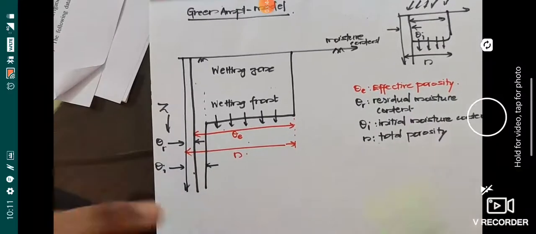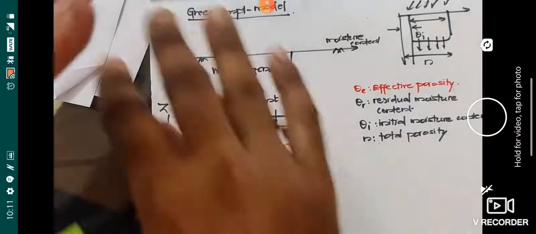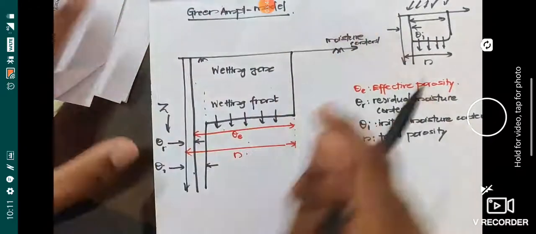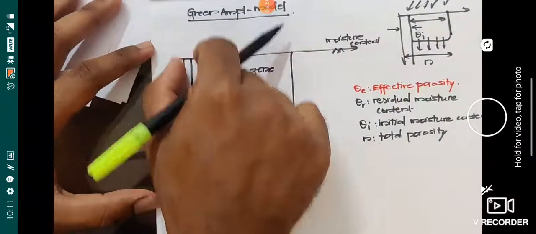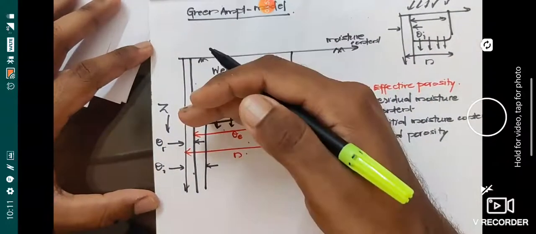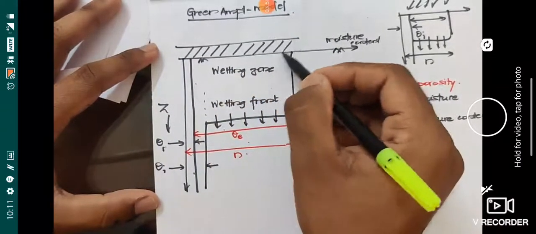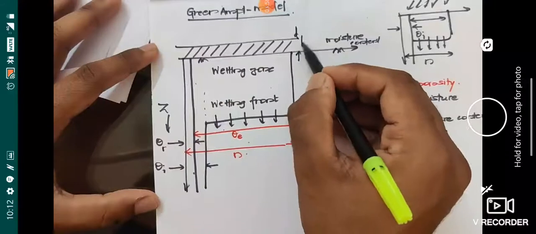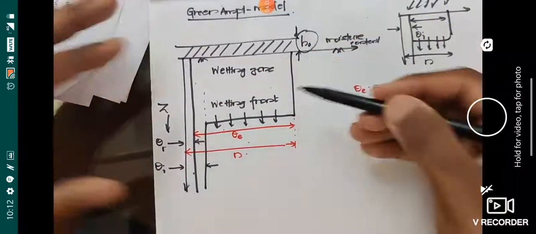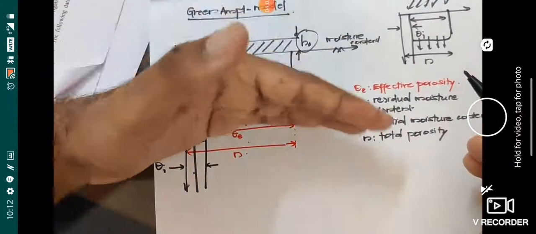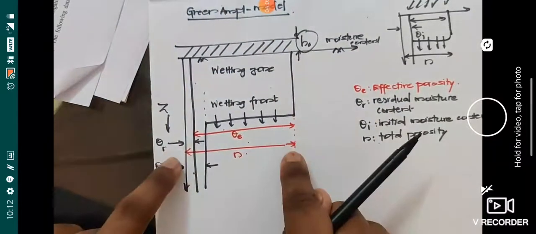Now there are some other terms for doing your numericals. This is your whole Green-Ampt model. Initially it has only theta I, the initial moisture content. Then as more and more water comes in, there will be a ponding of water. Since there's ponding of water with a depth of h naught, water will enter and wet it, so it gets a wet zone saturated up to the total porosity n.